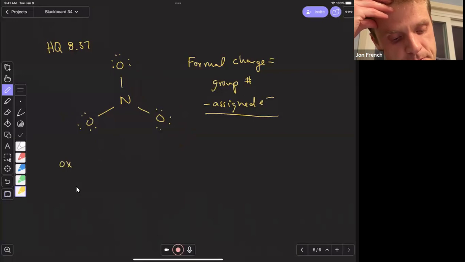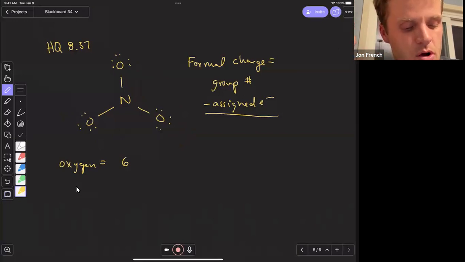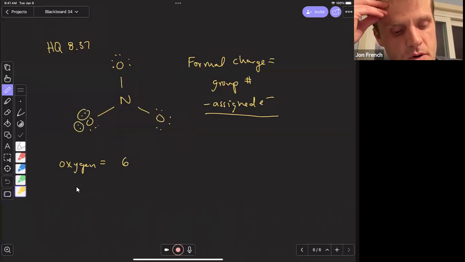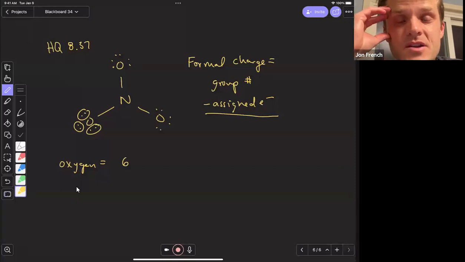Oxygen is group 6, so I would put down 6 to figure out the formal charge on oxygen. To count my assigned electrons, we count all non-bonding electrons, so 1, 2, 3, 4, 5, 6, and then we count 1 electron for each bond.